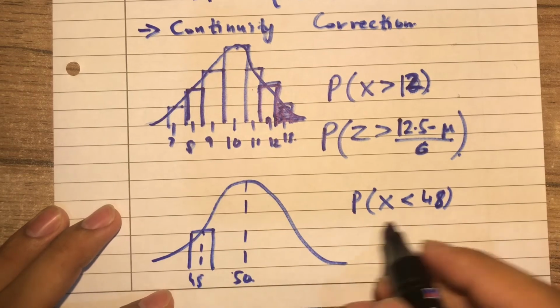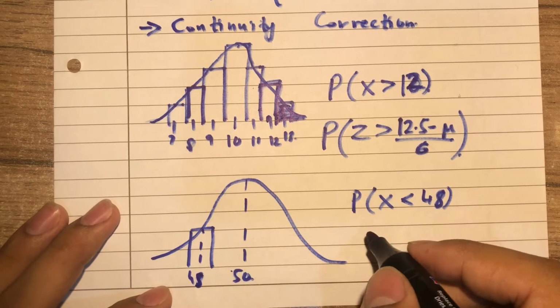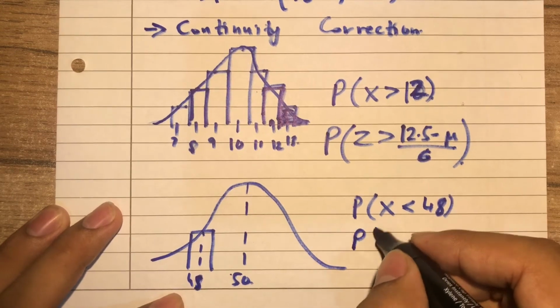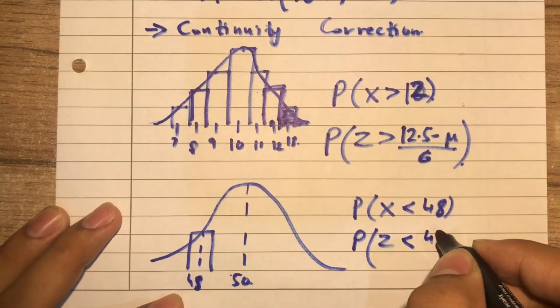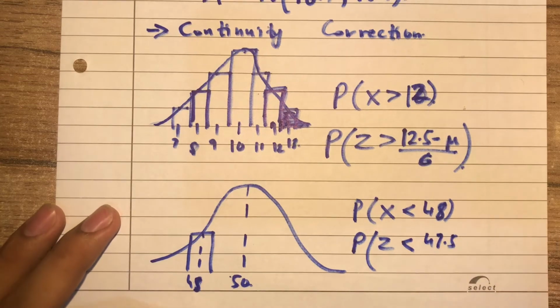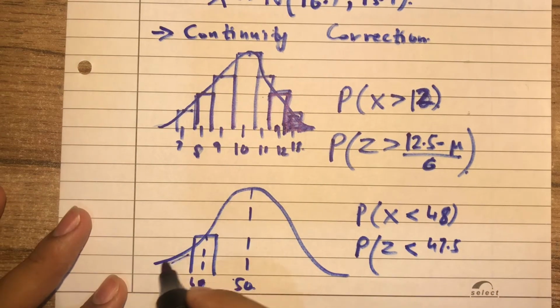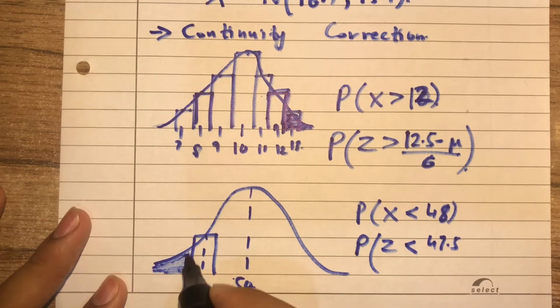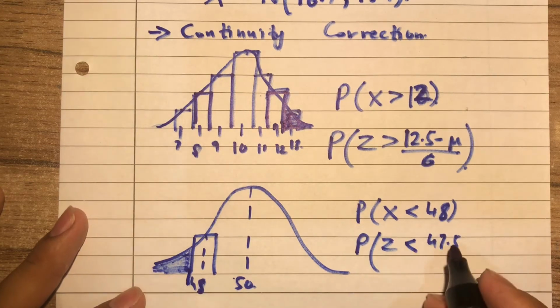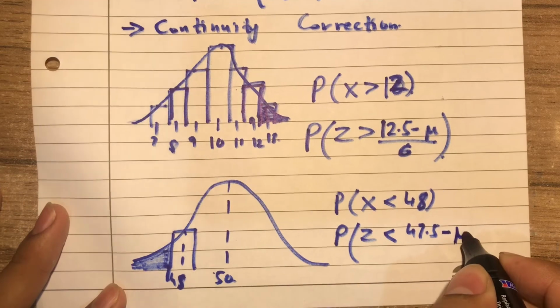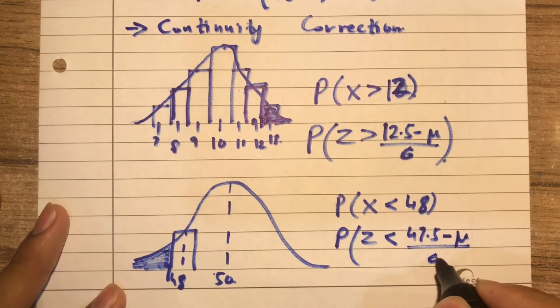So to find x less than 48, when I convert it to a standard normal distribution, I'll take x as 47.5, because I have to find less than 48, that means this region, right? And this value is 47.5. So I'll take 47.5 minus the mean upon the standard deviation.